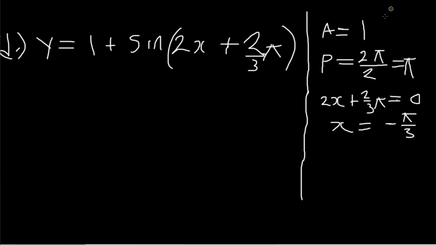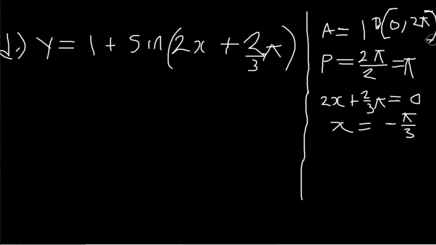Let me write our domain here, D. Our domain is from 0 to 2 pi. These are supposed to be square brackets, sorry for writing these brackets.